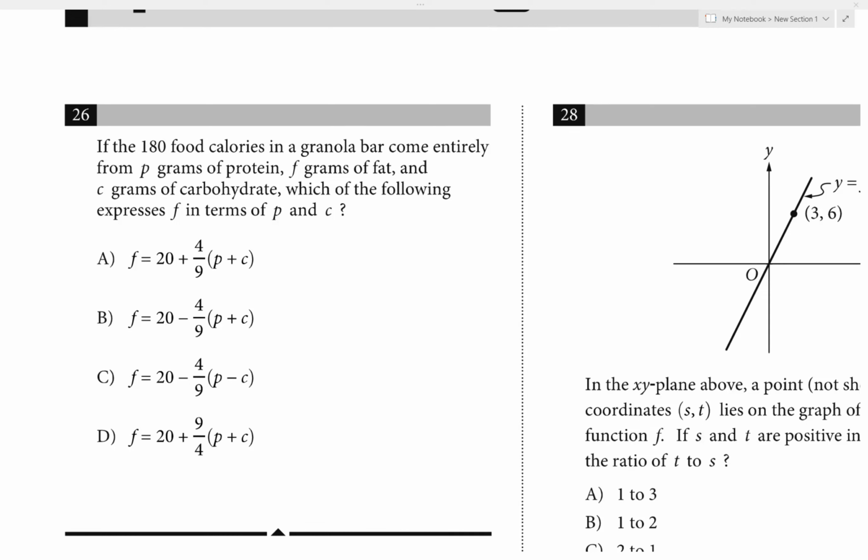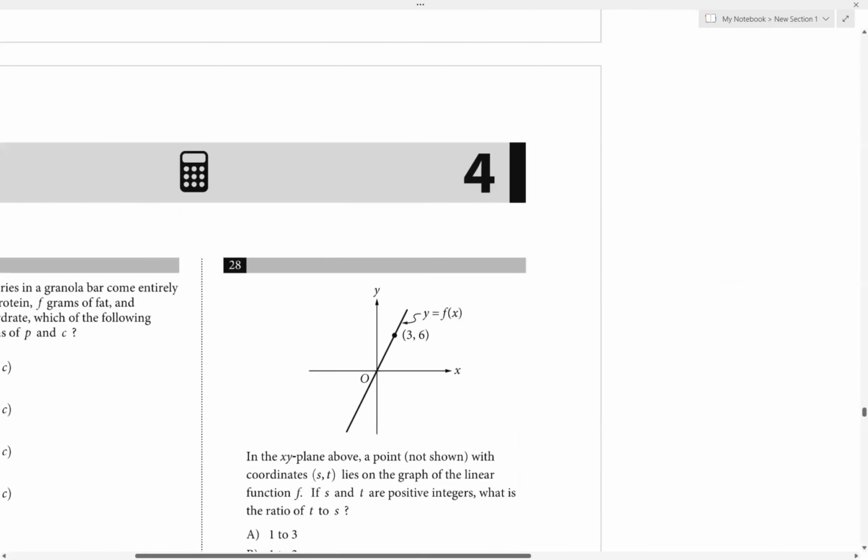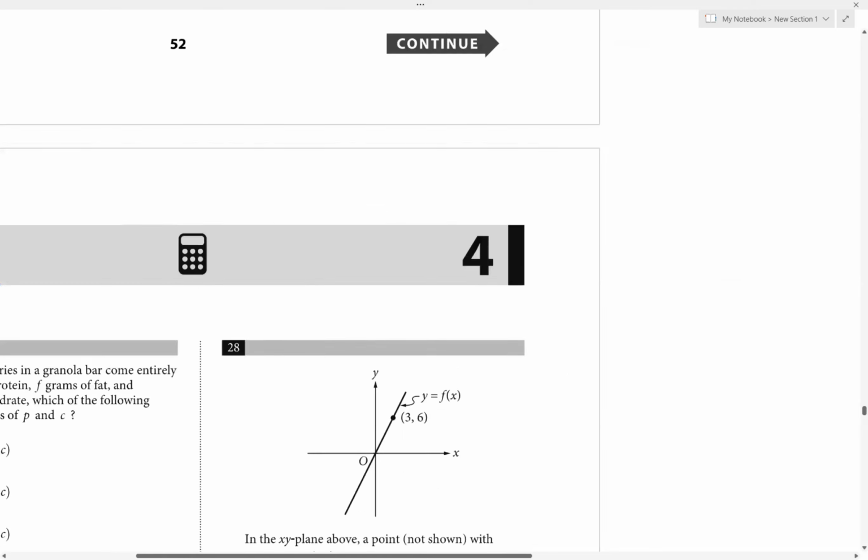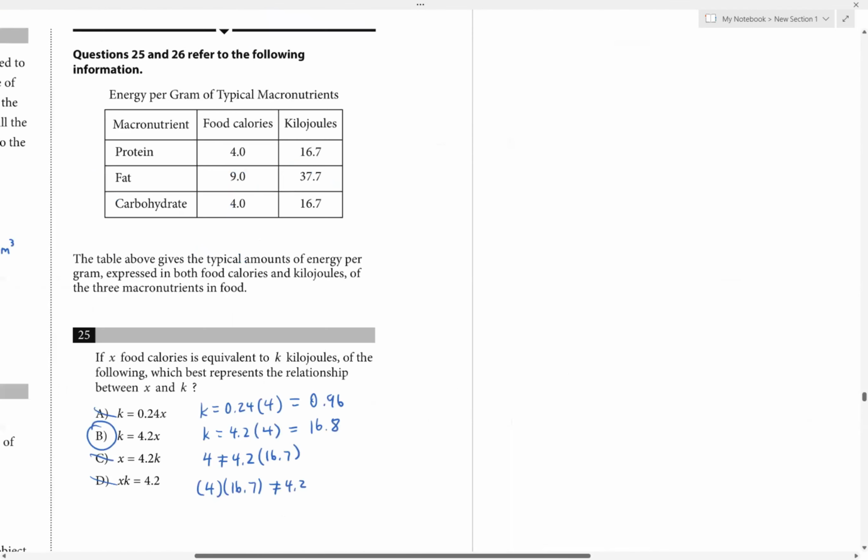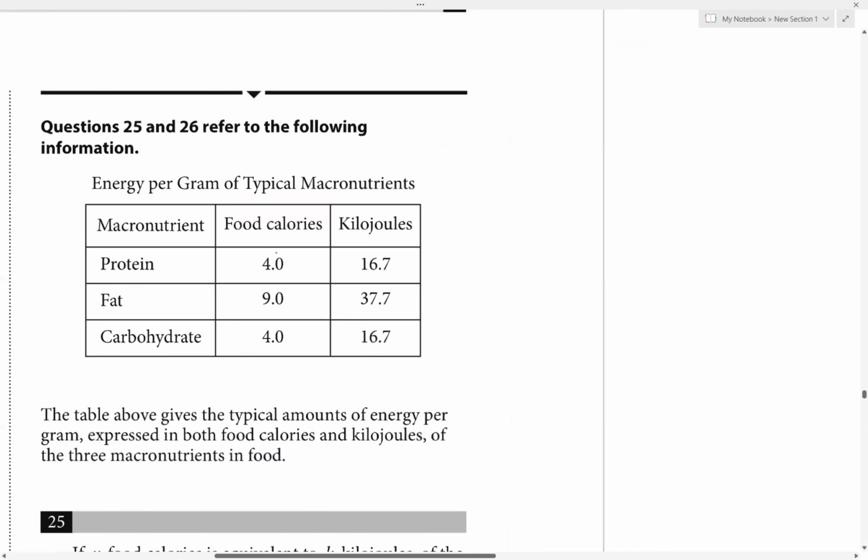So what we know is we have 180 total food calories. Okay, and those calories came from P grams of protein, F grams of fat, and C grams of carbohydrate. So if we go back to the table here, for food calories, they give us a number for each one.